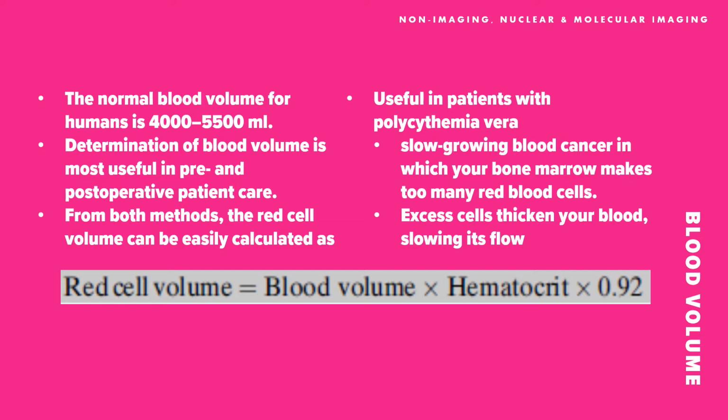Why do we need to determine blood volume? It's not something where, okay, I'm free today, I just want to see how much blood volume I have. We use this method especially for someone who needs to go to the surgical theater.